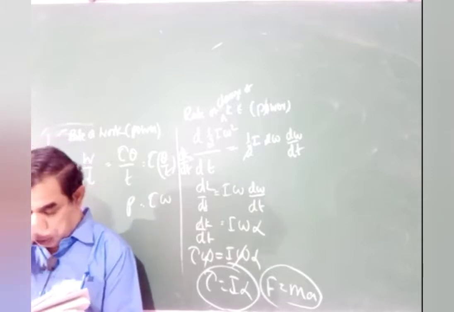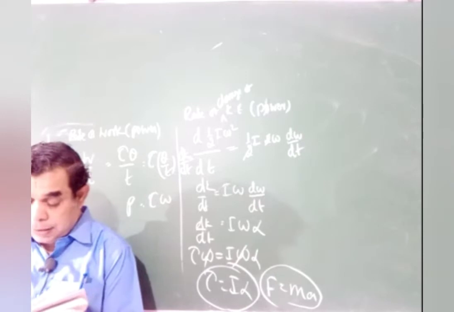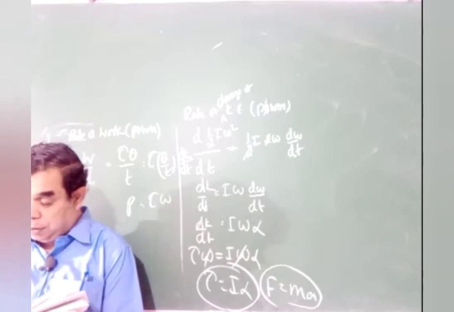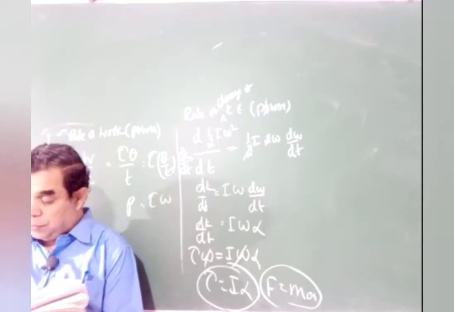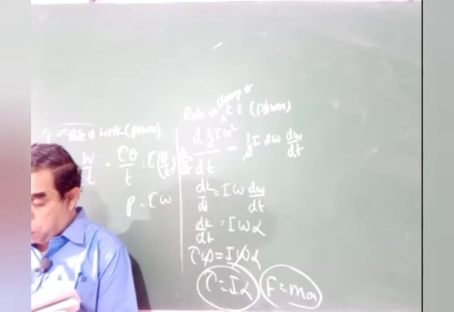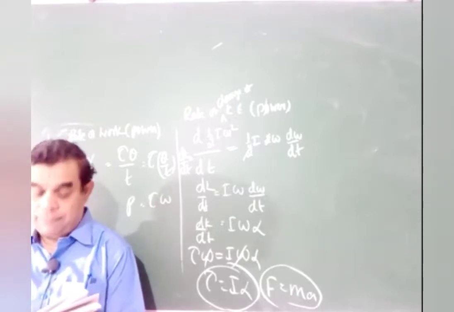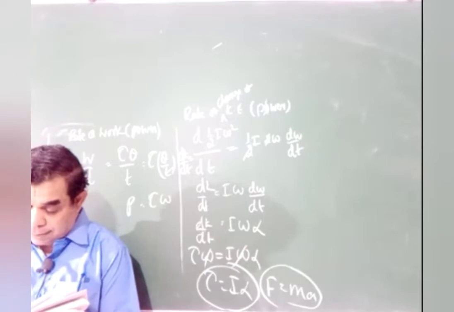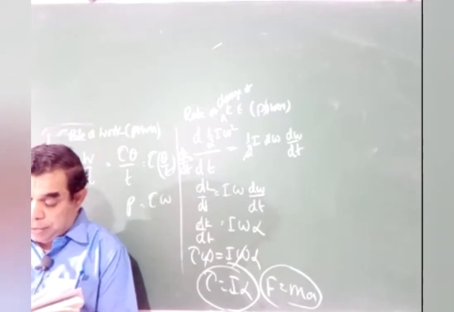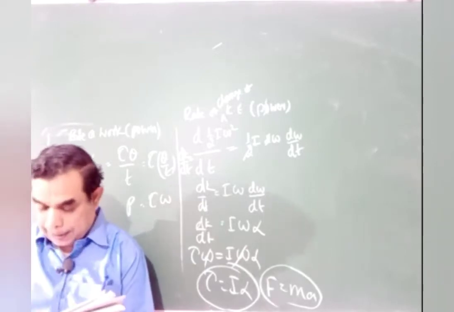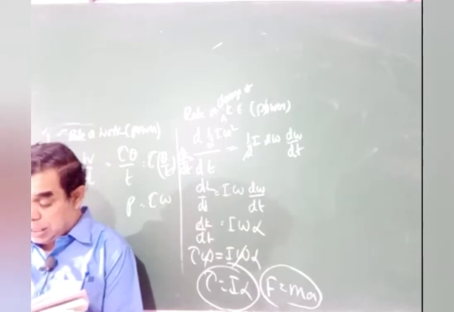Second one, part B: find the work done by the pull when 2 meter of cord is unwound.